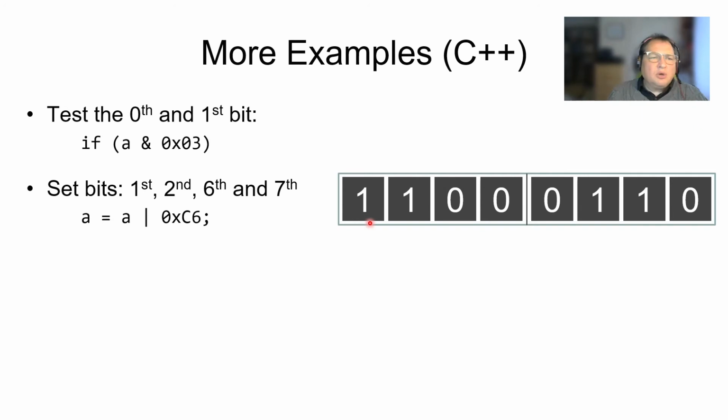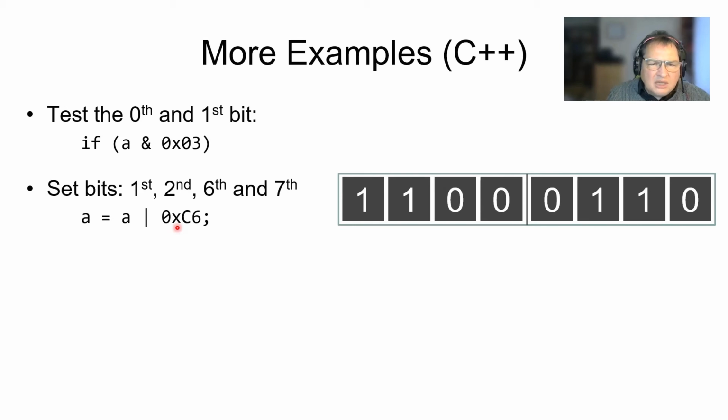In C++, in order to make any point for this operation of setting bits, you not only have to provide the notation for A or the value of the binary mask, but this value has to be stored in a variable. So it makes sense to write something like A equals, actually equals means becomes, okay? So A becomes A or 0xC6.